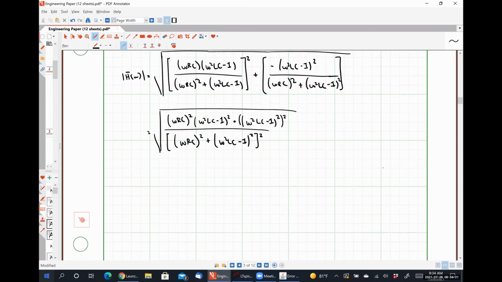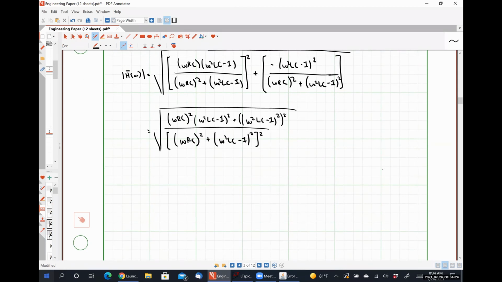So there's a common factor of omega squared LC minus 1 squared that I can take out.